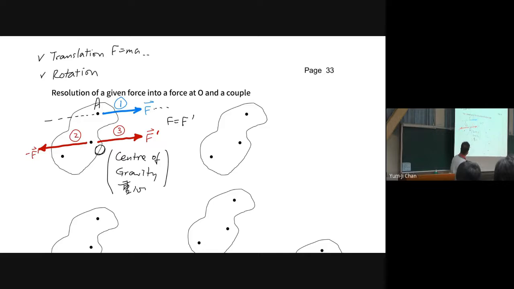We add two forces, one to the left and one to the right, and both of them are acting on point O. So for this problem, now we have three forces, right?